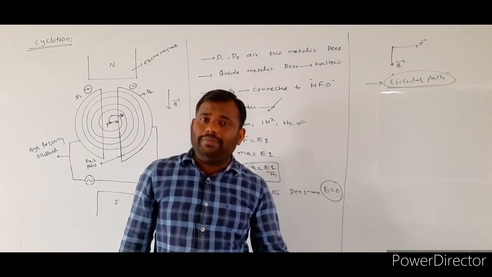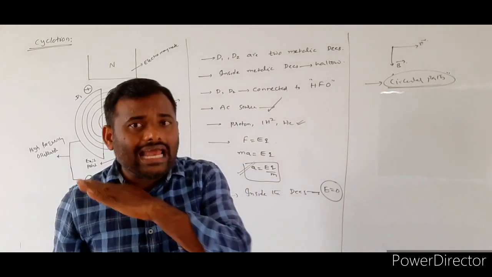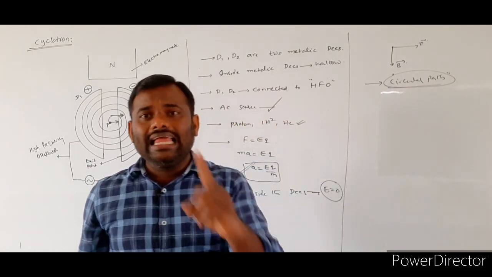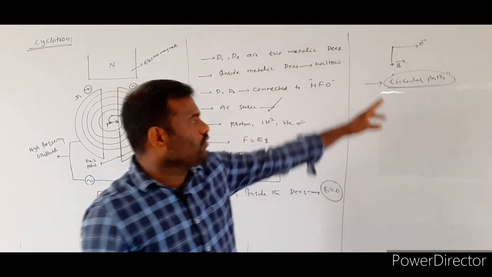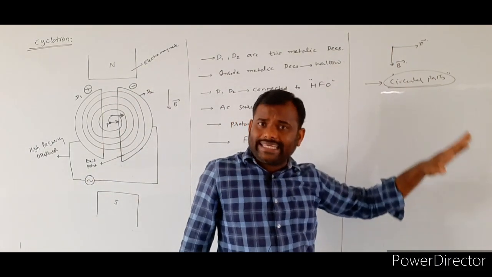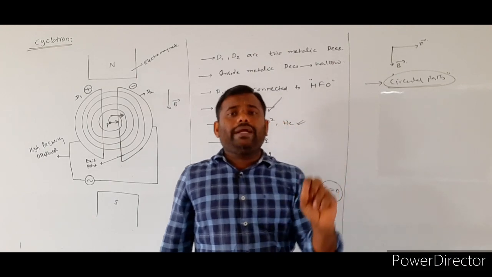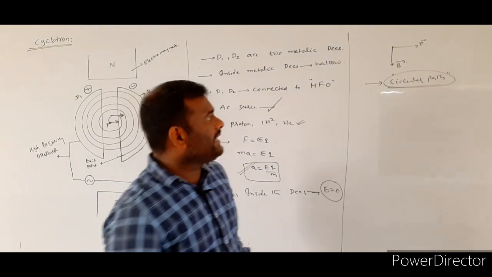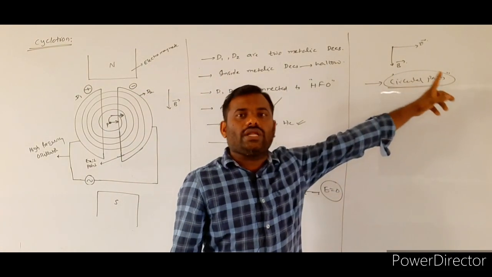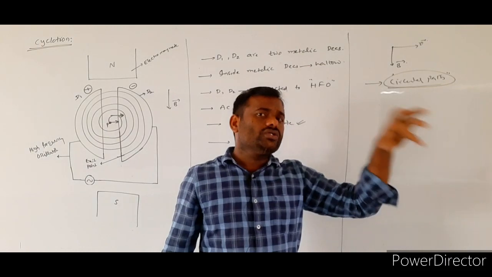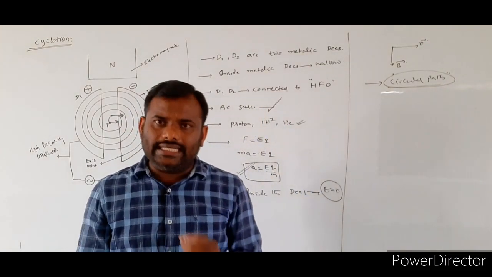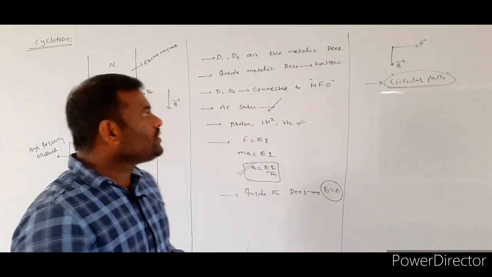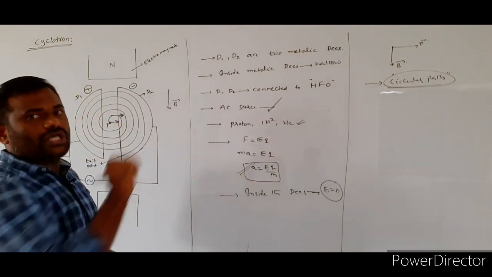If the charged particle enters the magnetic field along its direction, parallel or anti-parallel, in which path does it travel? In a straight line path. If it enters perpendicular to its direction, it travels along a circular path. So the charged particle entered inside the D of D2 moves along a circular path.